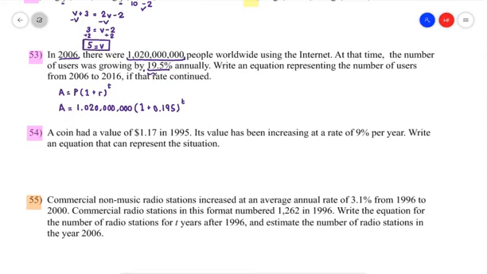And then we want to know the number of users from 2006 to 2016. So 2016 is 10 years later. So A of 10 would equal... And then you just plug that straight into the calculator.